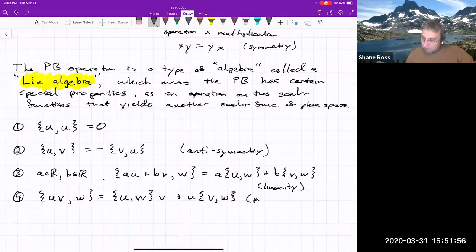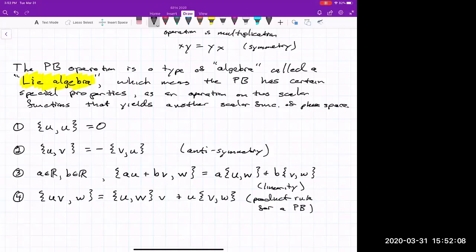So this is the product rule for a Poisson bracket. Does that answer your question? And you could combine that with what's up above, right? You can combine these properties. I think it kind of does. I was just thinking, since this is an operation on functions and you're bringing in real numbers, it seems a little bit odd. But if you were to express everything in terms of the product rule, that might make more sense. I think that makes sense.